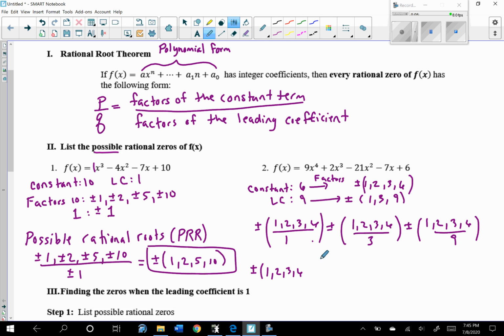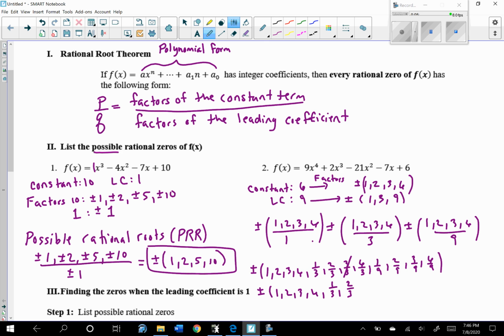So in this case, I'll just write them all out for right now, and then we'll go through them again. So 1/3, 2/3, 3/3, 6/3, and then over here we would have 1/9, 2/9, 3/9, and 6/9. And then of course we can cancel out factors that we've already had. So 1, 2, 3, 6, 1/3, 2/3.